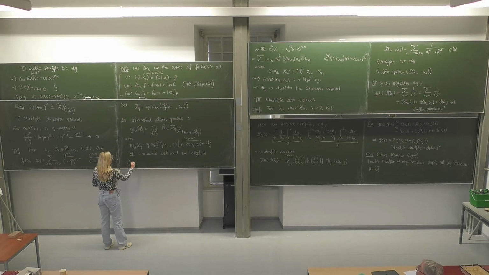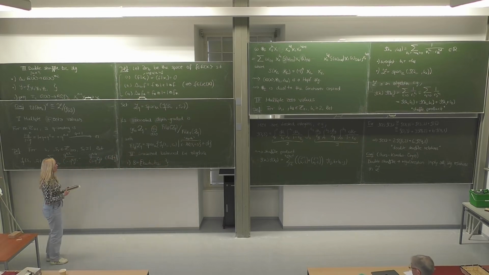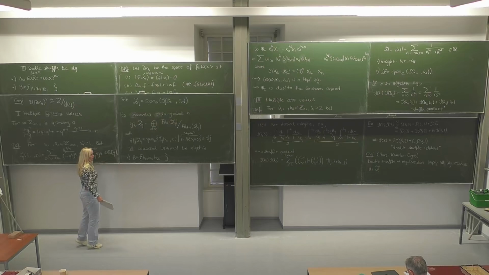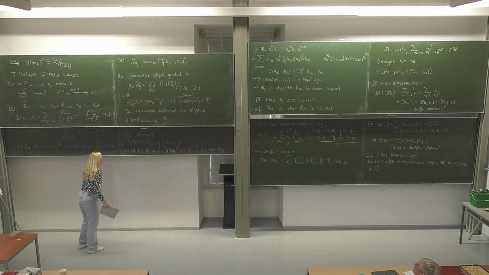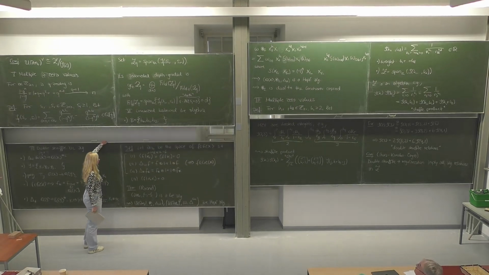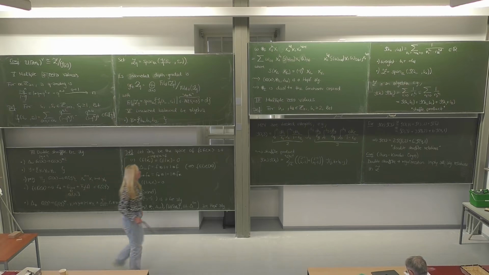So it lives now on a new alphabet, denoted by B, and consists of the letters B0, B1, B2, and so on, somehow a merging of the alphabets X and Y for multiple zeta values. Maybe I don't read this one, but the other one.